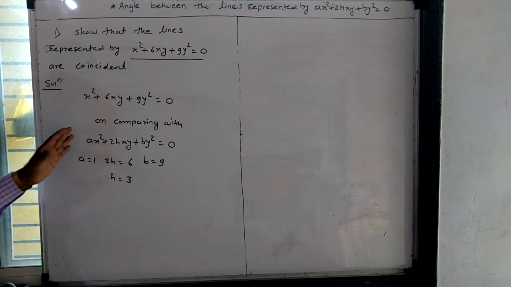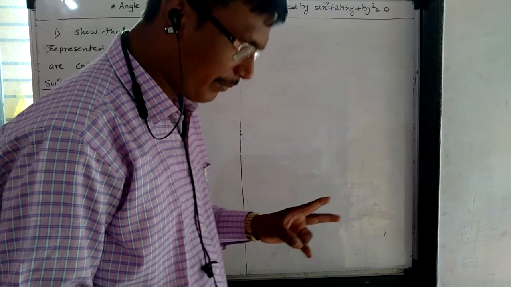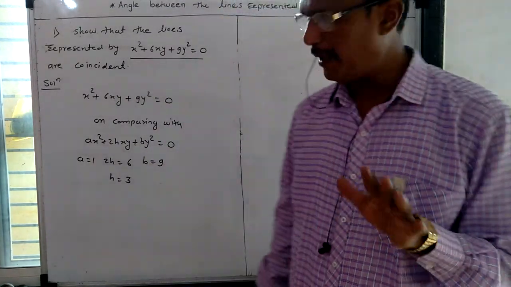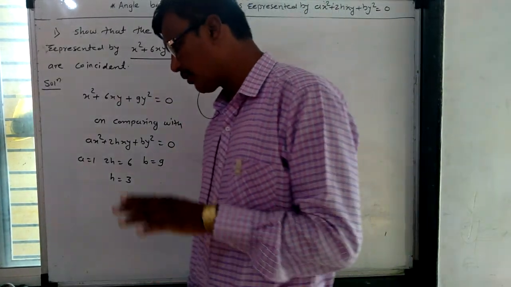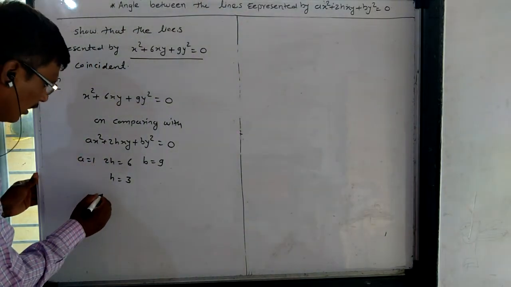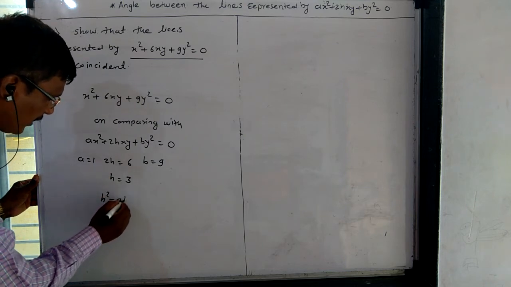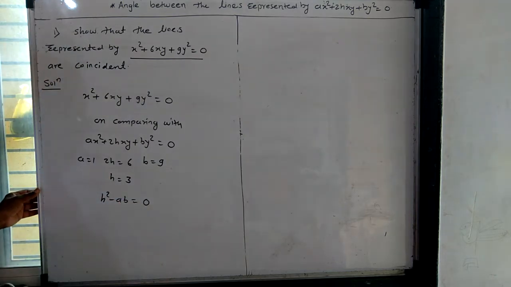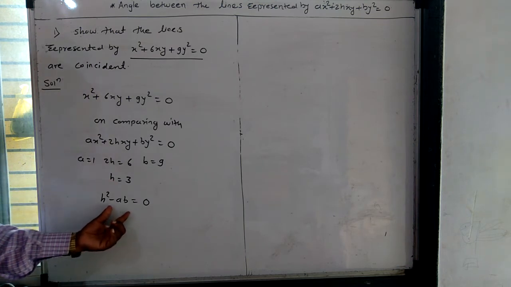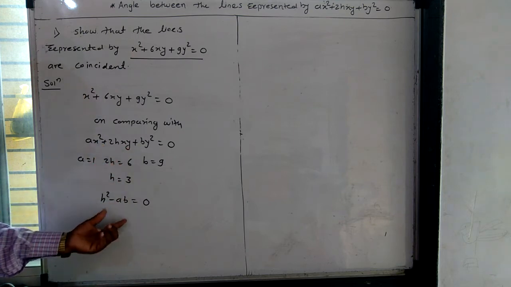We know that the angle between the two lines is 0 if and only if the lines are coincident or they are parallel to each other. So the condition of the coincident lines is h square minus ab is equal to 0.